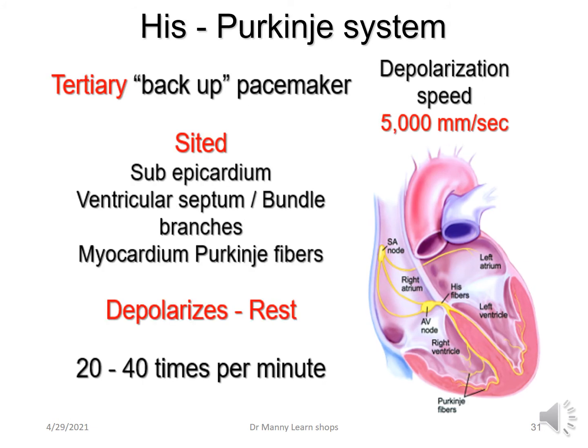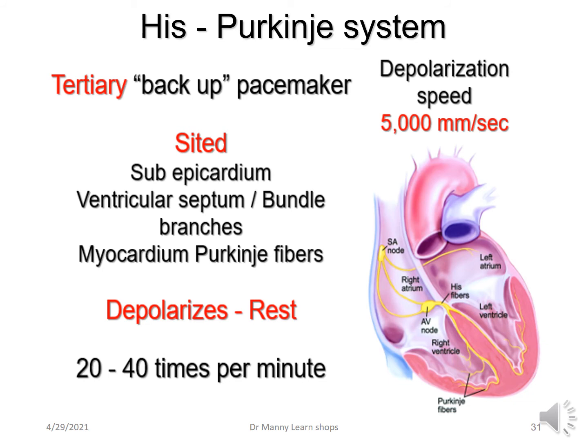The His-Purkinje system, which I've labelled as the tertiary or backup pacemaker, really isn't one; under normal circumstances the only pacemakers are the SA node and the AV node.